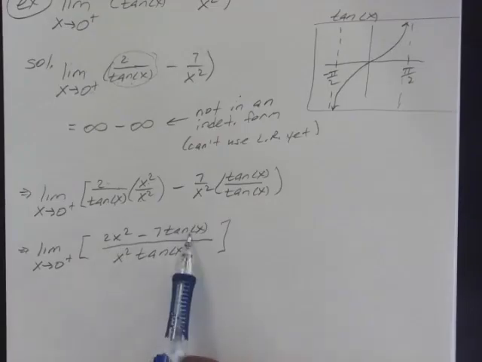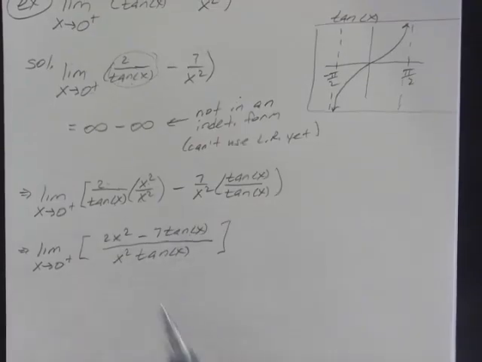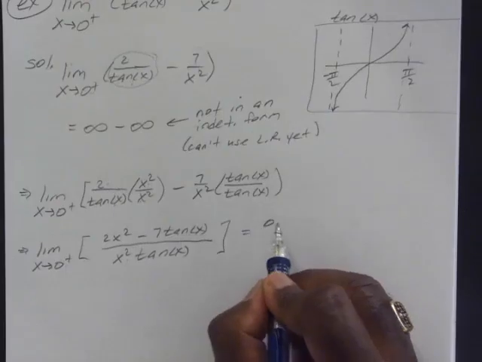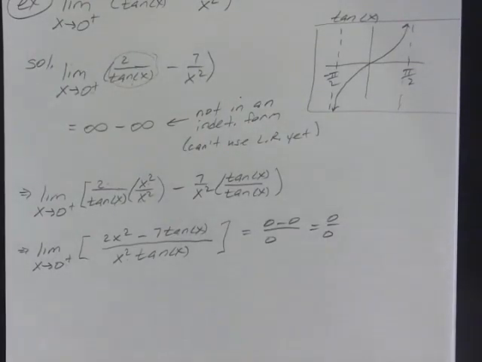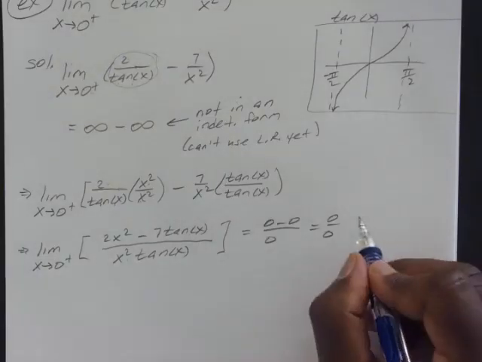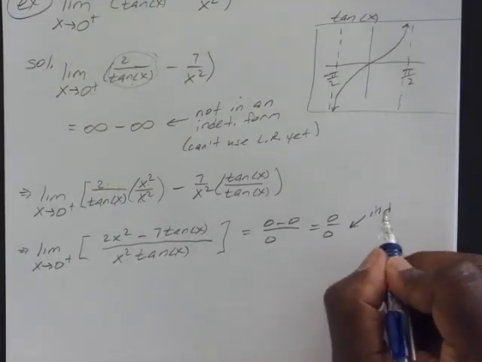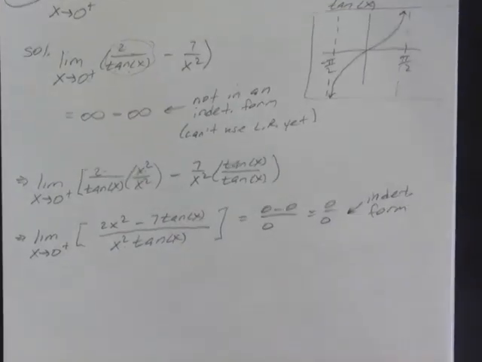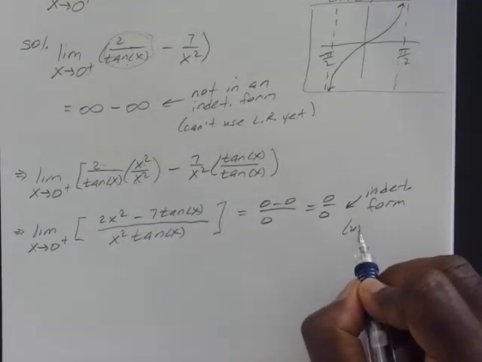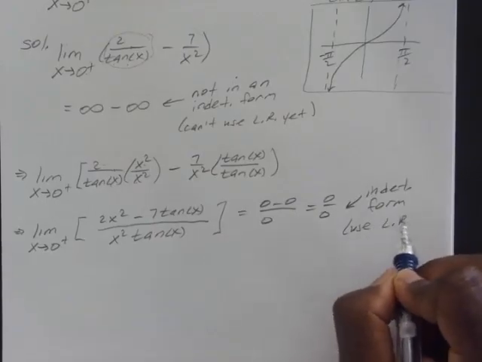We have 0 minus 0 divided by 0, or just 0 over 0. Okay, so we can see here we finally have our indeterminate form, which means we can use L'Hopital's rule.